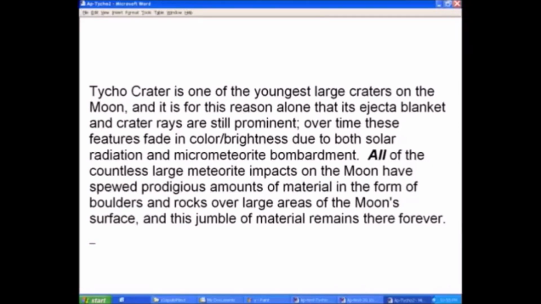Tycho crater is one of the youngest large craters on the moon, and it is for this reason alone that its ejecta blanket and crater rays are still prominent. Over time, these features fade in color and brightness due to both solar radiation and micrometeorite bombardment. All of the countless large meteorite impacts on the moon have spewed prodigious amounts of material in the form of boulders and rocks over large areas of the moon's surface, and this jumble of material remains there forever.